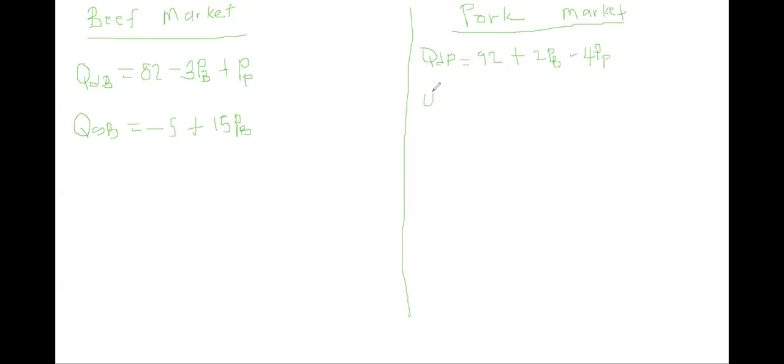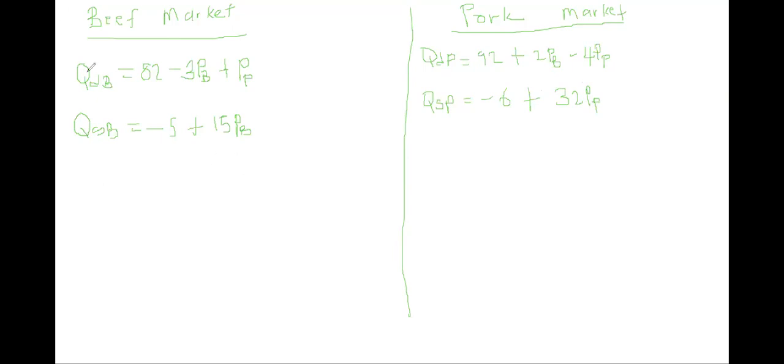And the quantity that is supplied for pork in the pork market is represented as this: minus 6 plus 332 times the price of this.